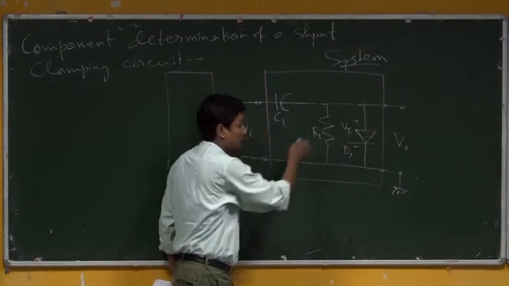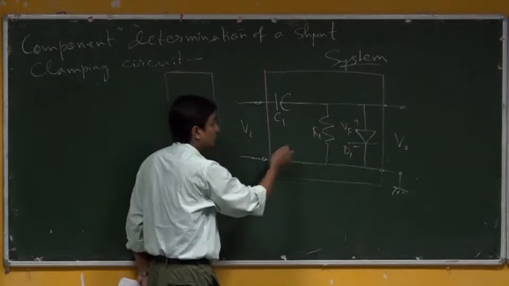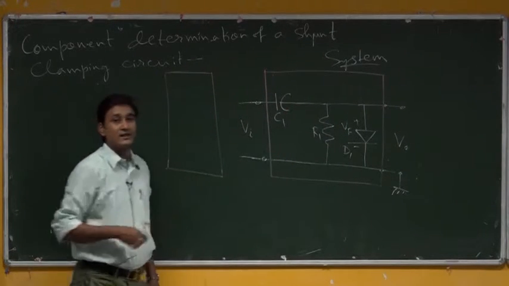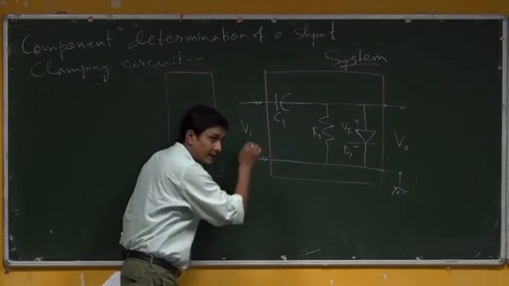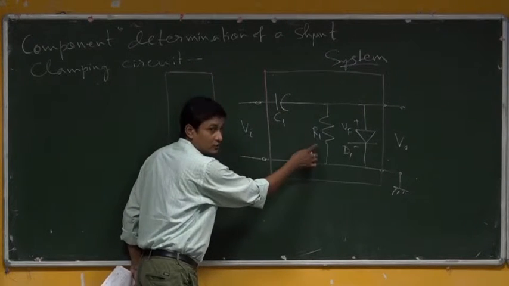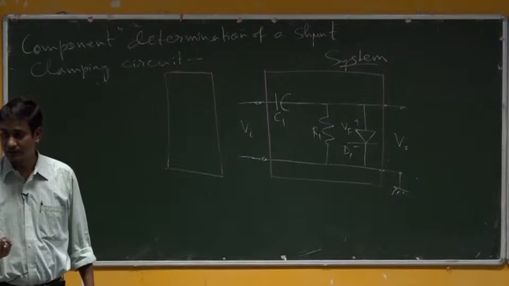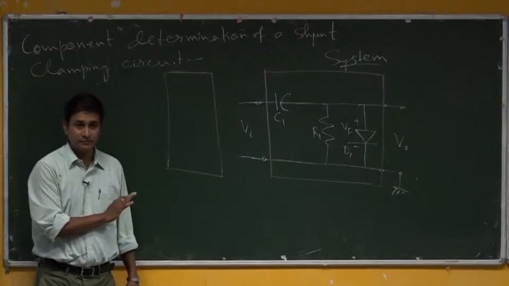But when it went negative, the diode was open. So, the circuit was R1 and C1, which was discharging after some time to a delta Vc potential difference with the time constant R1 into C1. That was the discharging time constant. Those are still there in today's discussion.